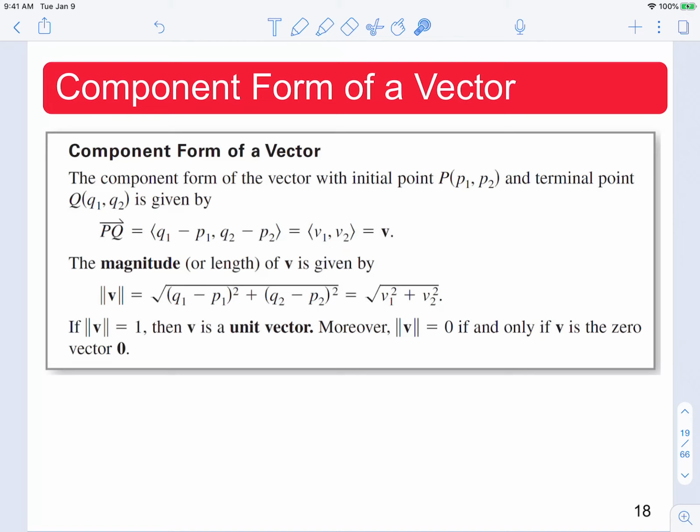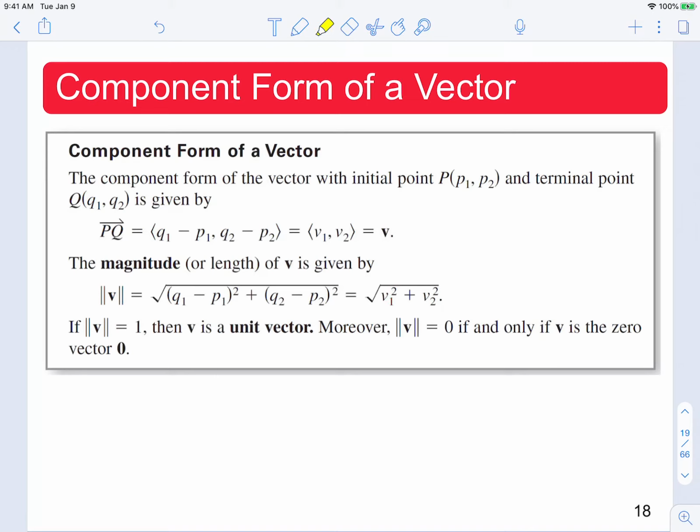The magnitude of this vector v, or the length of it, is again this notation, and it's given by the distance formula. Think of this as our change in the x's, and this is the change in our y's, and that is the familiar distance formula. We know that Q1 minus P1 is v1, so they give you that shortened form.